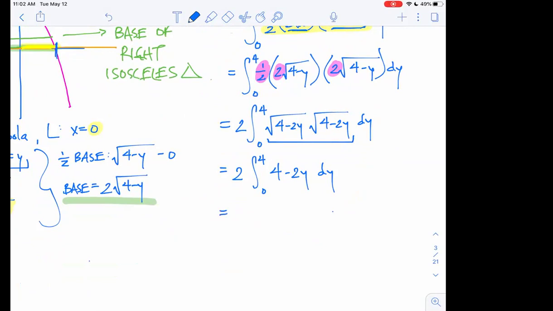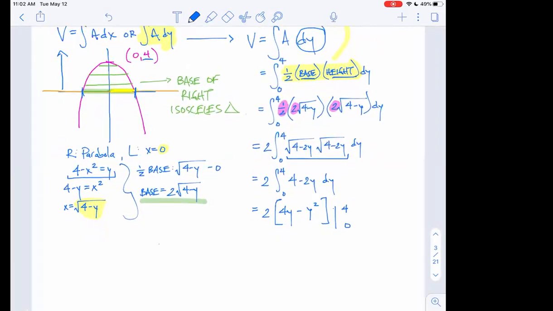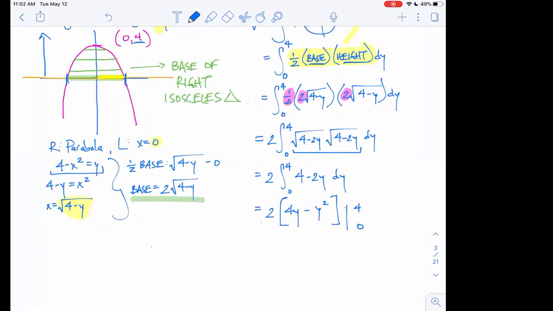All right, so when I integrate, I'm going to have that 2 in the front. I'm going to get 4y minus y squared. And I'm going to plug in 4, and I'm going to plug in 0. Where did you get the 2y?